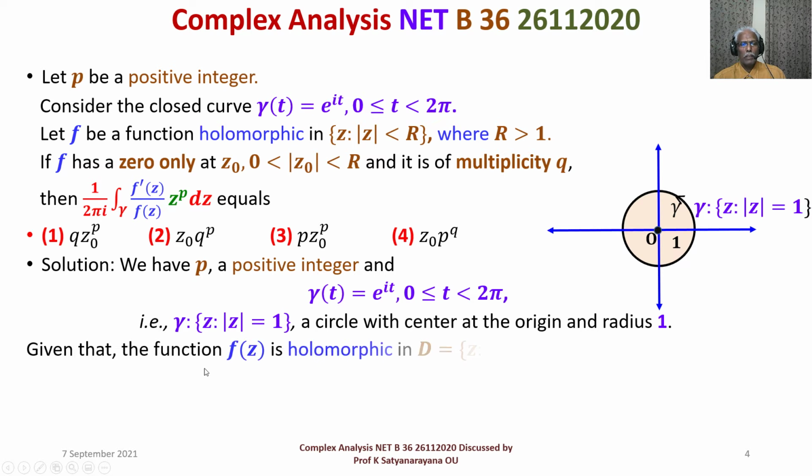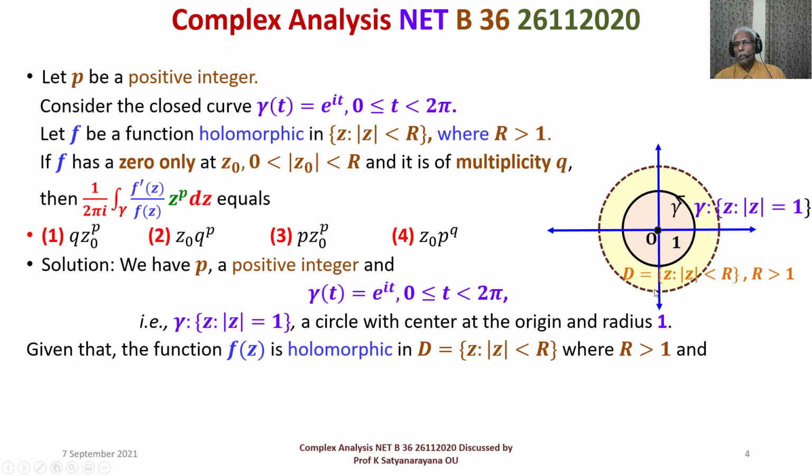Given that the function f(z) is holomorphic, that is analytic or regular, in D, the domain, which is an open disk |z| < R where R > 1, it will be like this. This is your domain D, an open disk.